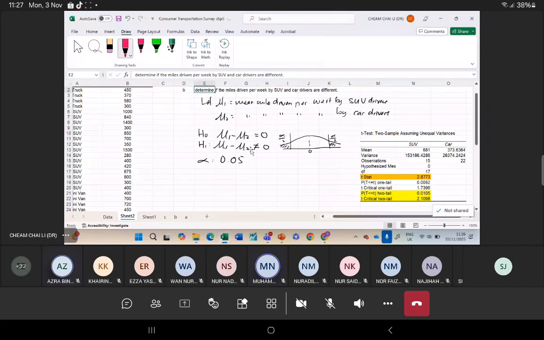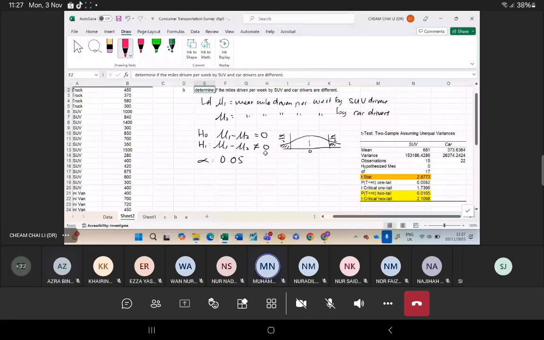Can you understand what I mean? Okay, understood. Actually I could put the same too, then I have to tell you that this is in your null hypothesis. So the null hypothesis must be equal and the alternative is not equal.